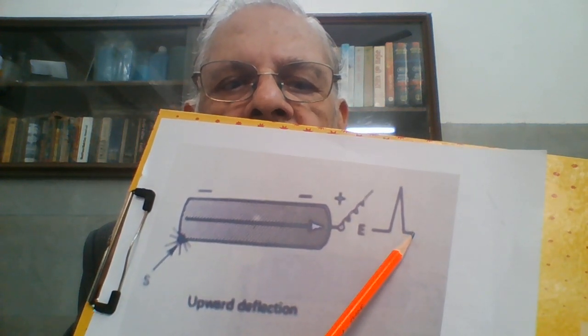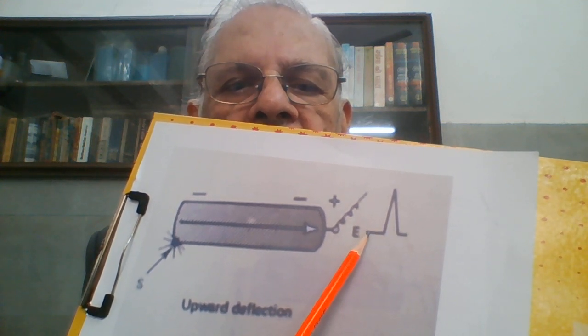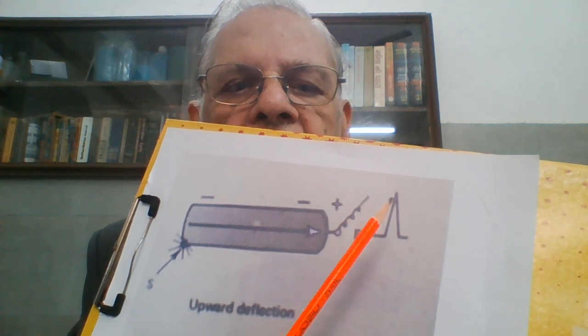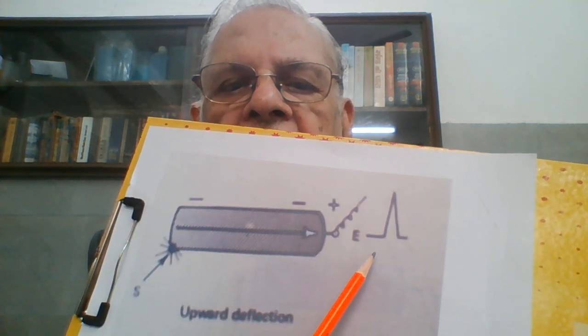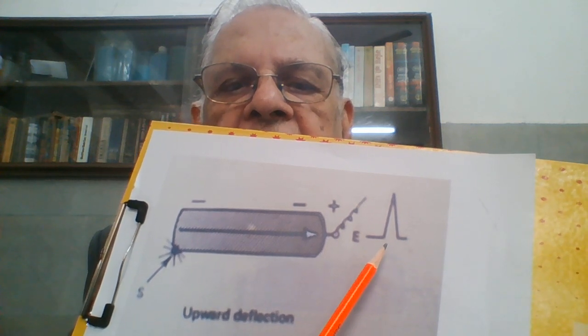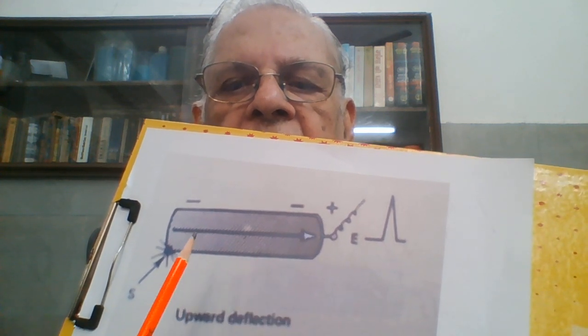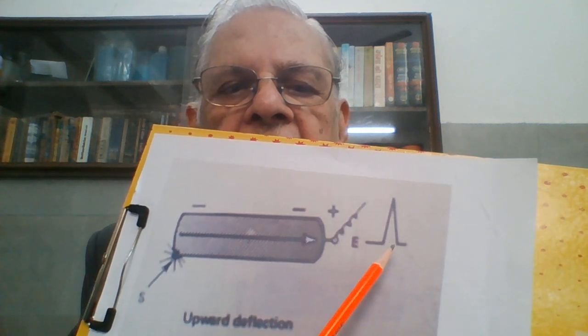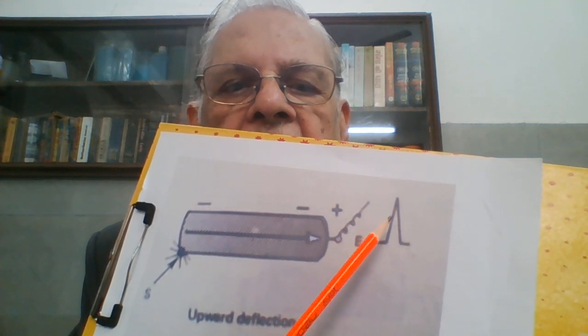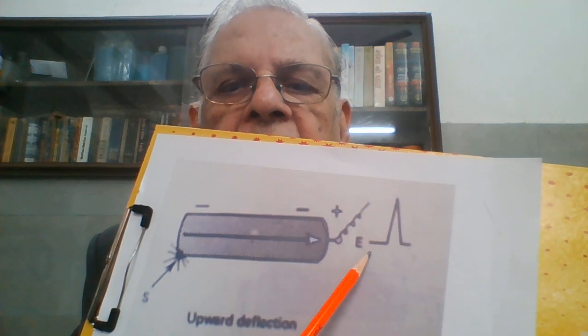If this is the baseline from where our stylus moves, this goes up like this. This deflection is above the baseline. Remember, the current is flowing, the wave is flowing towards the electrode, and the deflection is above the baseline. That is called positive deflection.